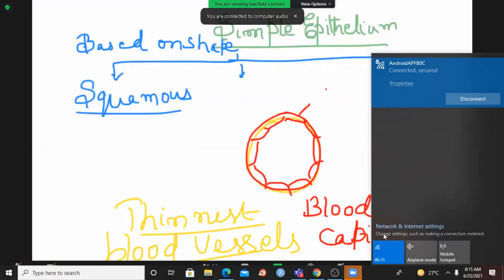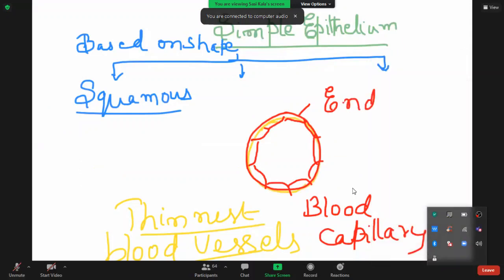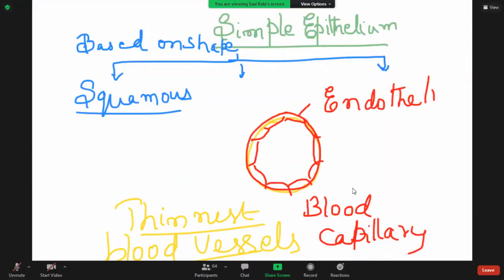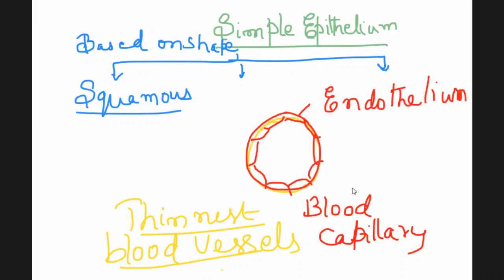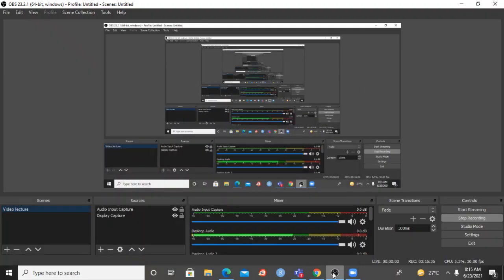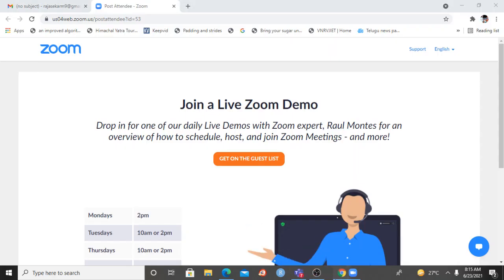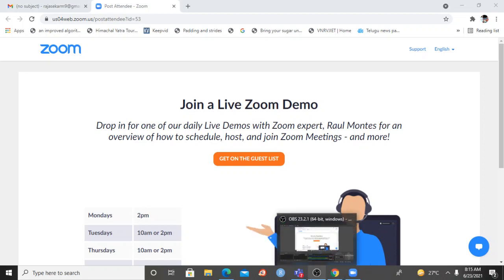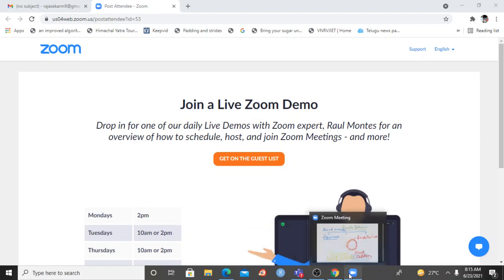What is this layer called? Endothelium. If you take arteries and veins, their wall is thick. They are large vessels. Their wall is thick. They have many types of cells in it. Not only epithelium, connective tissue will be there, muscle will be there.